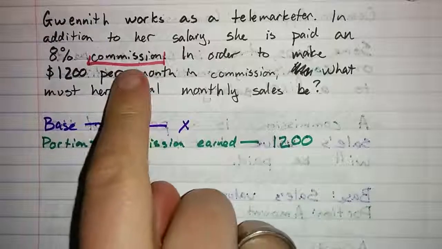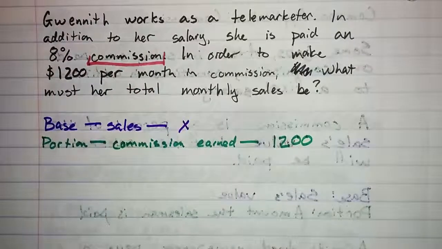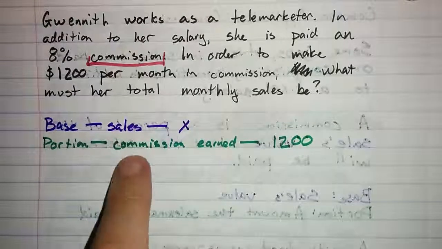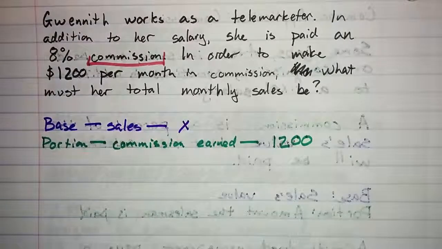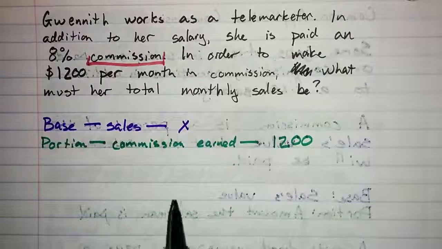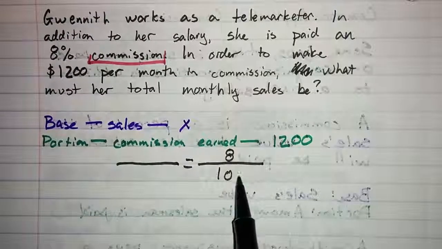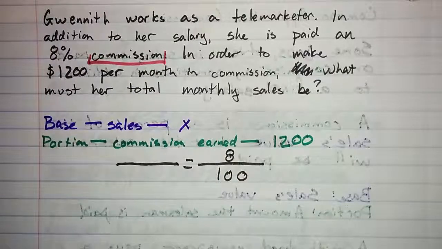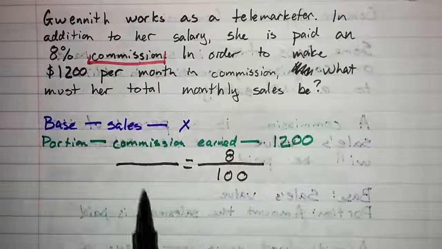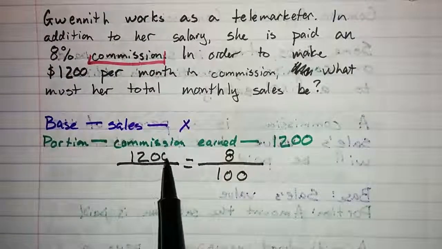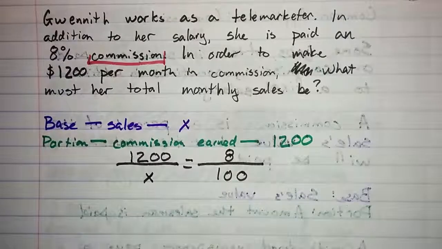By telling us that this was a commission, the problem did all the hard work for us, and we just had to extract this information. We're ready to set up our percent proportion now. So 8 out of 100. The portion is 1,200, and the base is unknown.